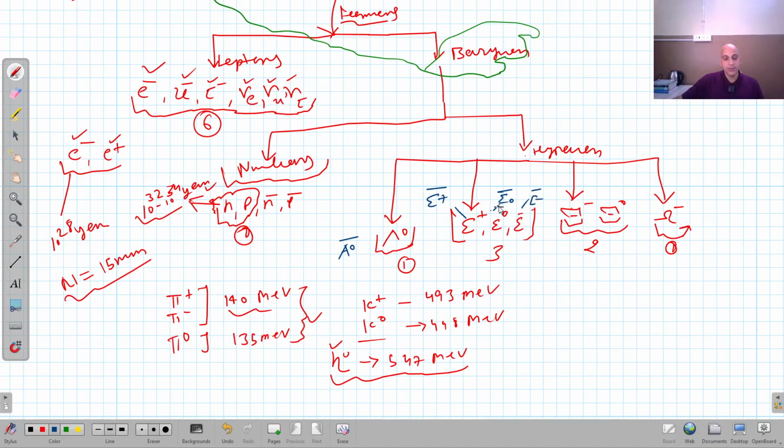It doesn't mean that sigma positive is the antiparticle of this. No, it is sigma negative naught. Similarly, xi negative has antiparticle xi negative naught, and xi naught has this antiparticle. Similarly, the omega negative antiparticle is omega negative naught.